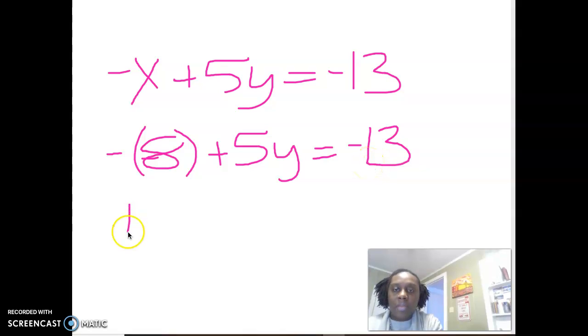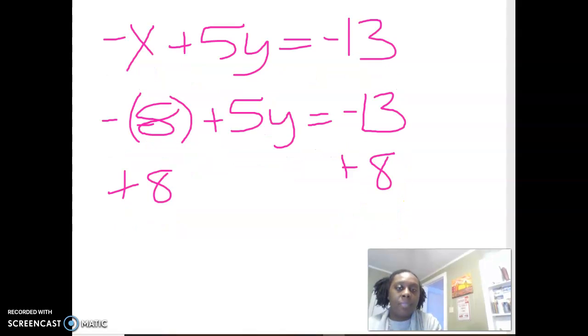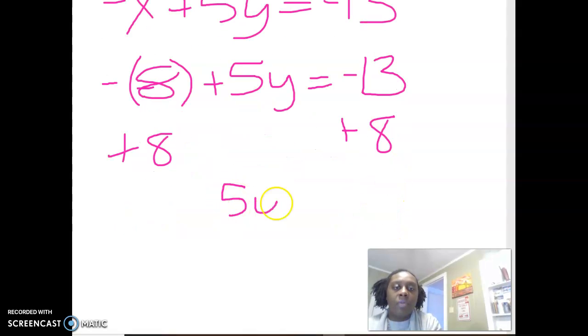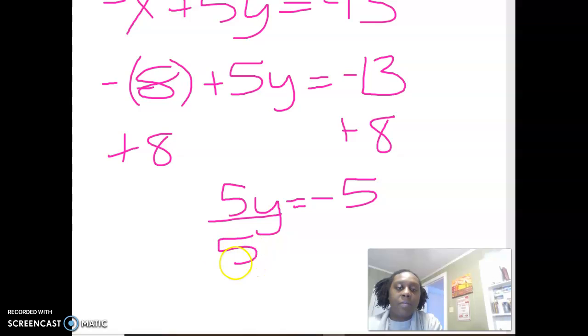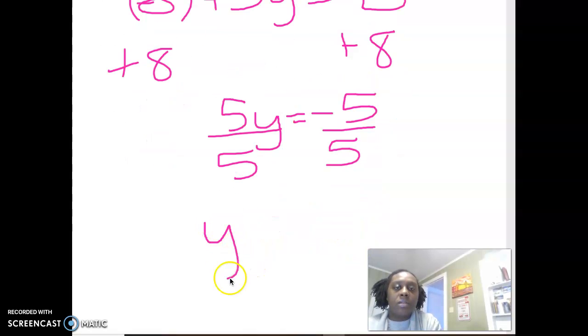So I'm going to add the 8 to both sides. So I have 5y equals negative 5. Divide by 5, so that I can get my y by itself. And so y equals negative 1.